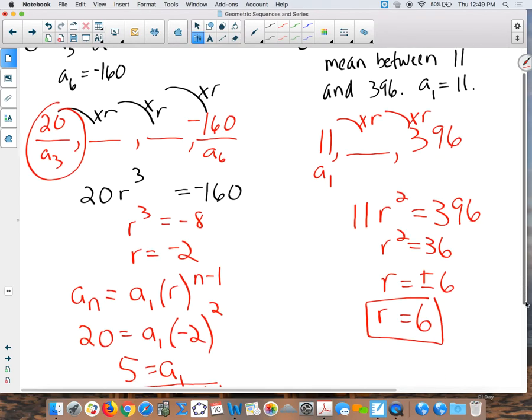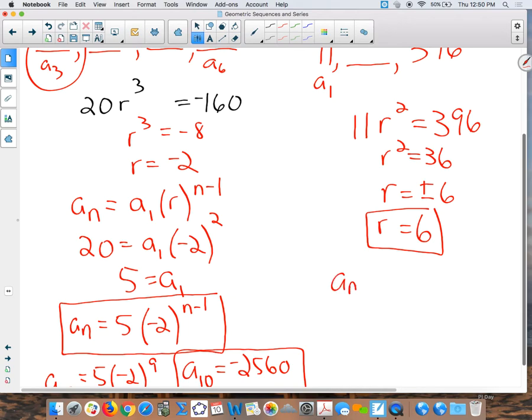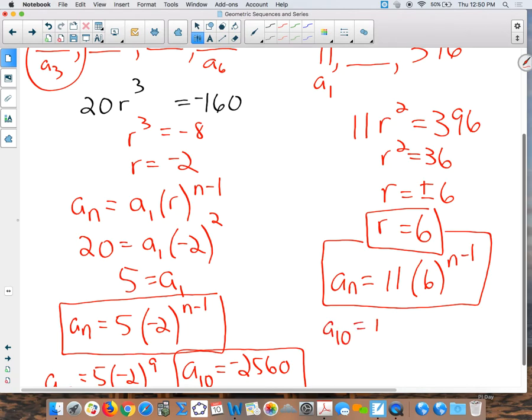Okay, so you just have to kind of take a look at the sequence they've given you. So a sub n in this case would equal a sub 1, which is 11, times r, which is 6, to the n minus 1. And then a sub 10, of course, would be 11 times 6 to the 9th. And that would give us a humongous number here.